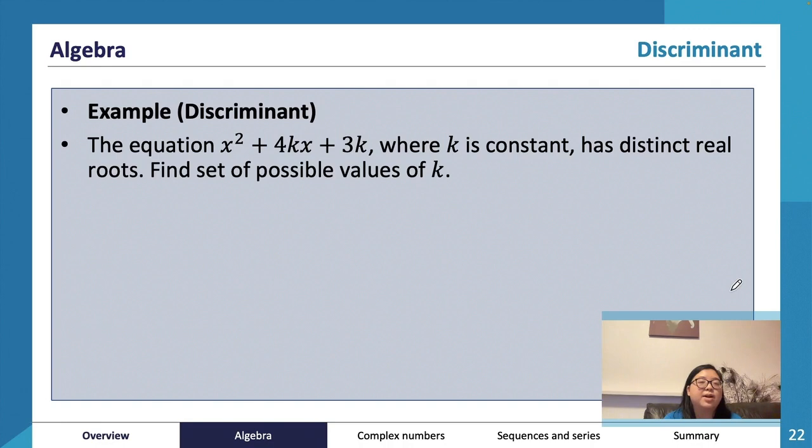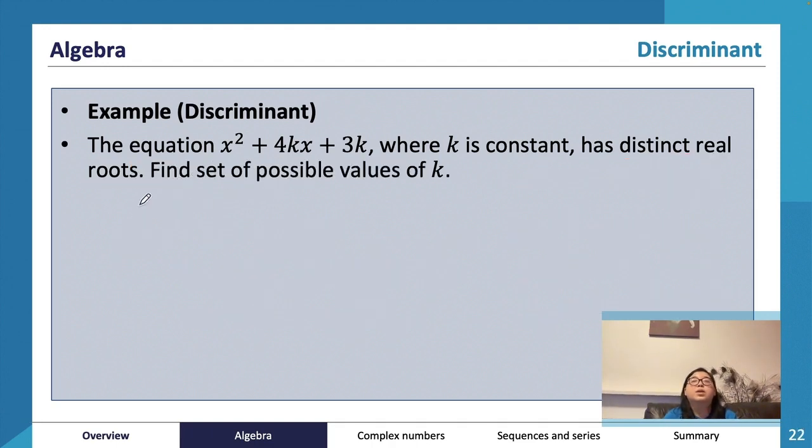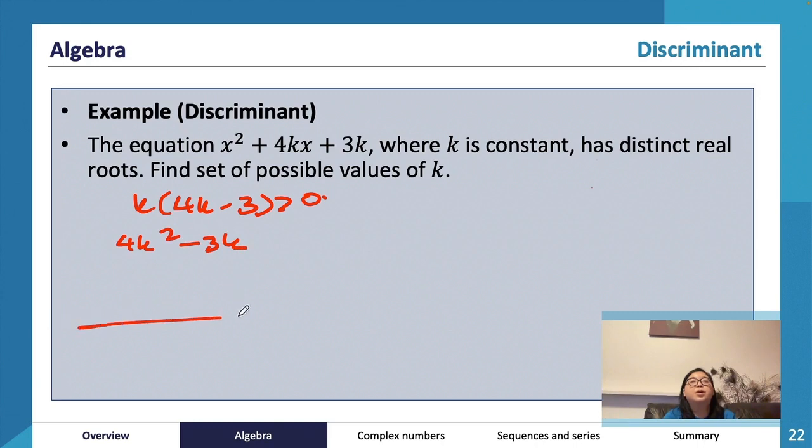So you want to find the set of possible values, using our equation from before. We need k(4k minus 3), I think it was, yes, to be greater than 0. So once again, if we expand that out, 4k squared minus 3k, and we want to draw it out, because remember our inequality is with something which is not linear, so we must draw it out.